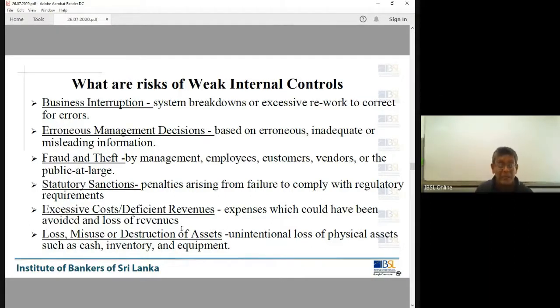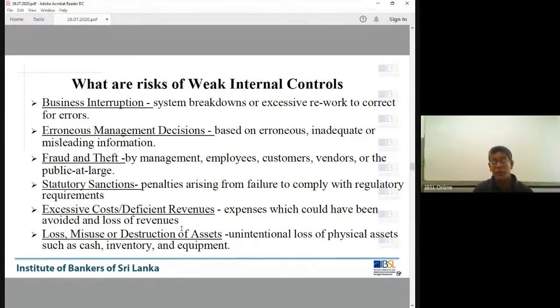If you don't have internal control, employees, customers, management are going to play around with your money. So fraud and theft will increase, and there may be statutory sanctions coming from our regulator if you are not going to maintain certain internal controls. And of course, misuse of assets if you don't have better internal control systems.